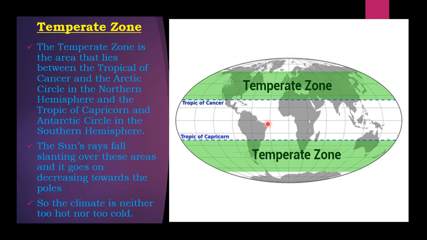Since its rays are slanting, it does not affect the heat much. So those areas will go on decreasing towards the poles. So the climate in those places is neither too hot nor too cold.